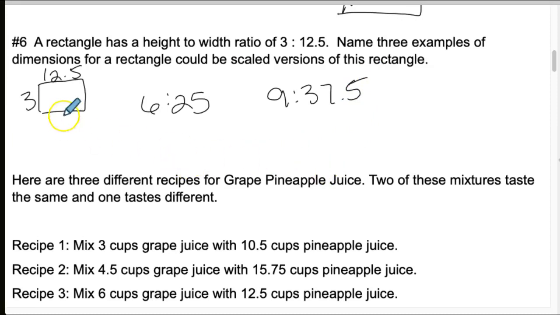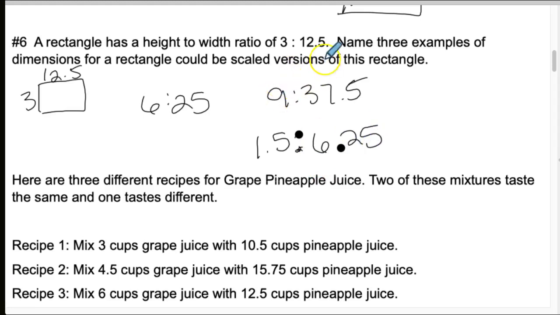I could even make a rectangle that's smaller. So I could divide both sides by 2, which as a scale factor means multiplying by a half, taking half the size. So 3 times a half, or 3 divided by 2, is 1.5. And 12 and a half divided by 2 is 6.25.